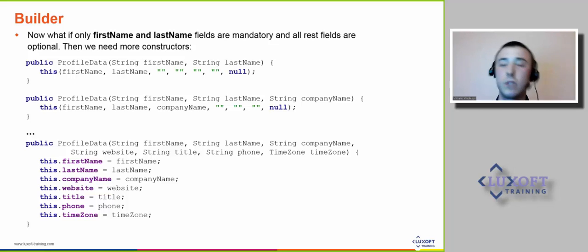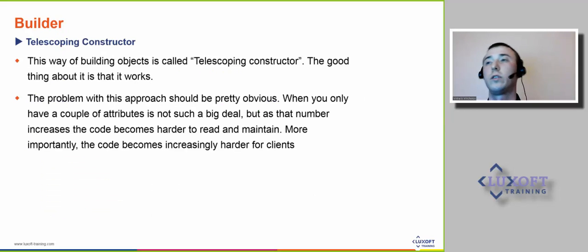So this pattern is called telescoping constructor, and the good thing is that it works, but it has problems, as you see, and the problems are pretty obvious.